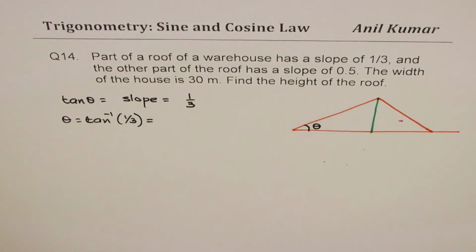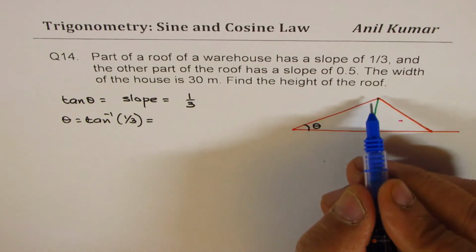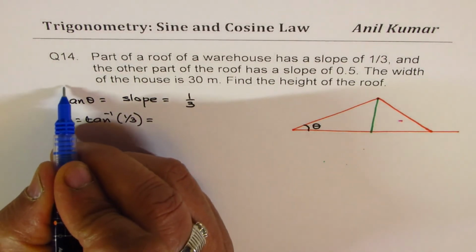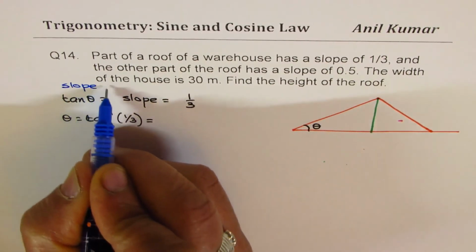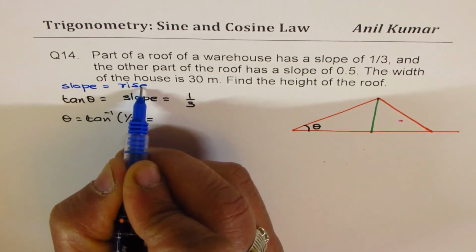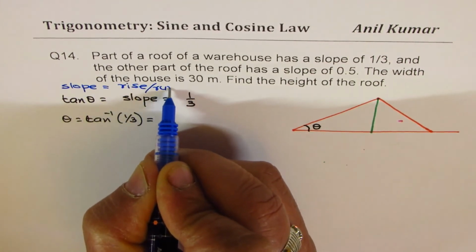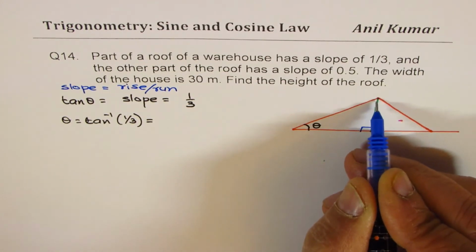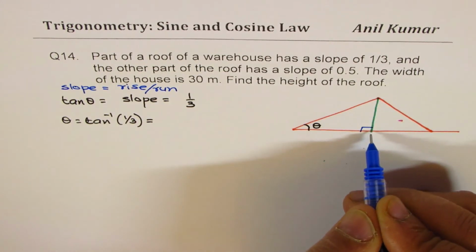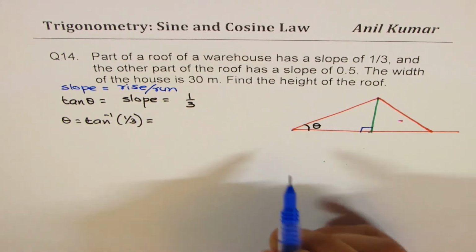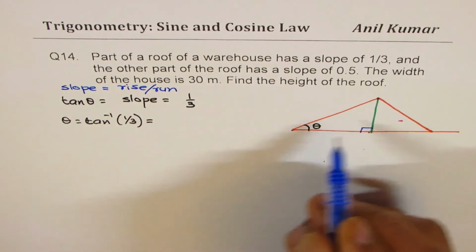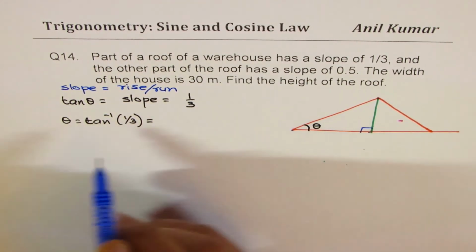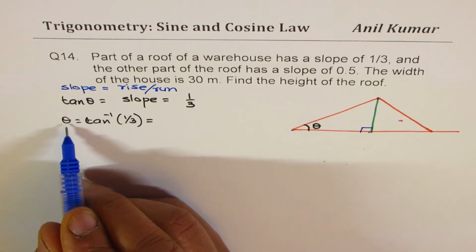So it's important to understand what slope is. Let me write down here. Slope equals rise over run. So if that is my right triangle, if you look from here, this is the rise, the height, and that is the run. And we are given this ratio is 1:3, and therefore we can find theta.